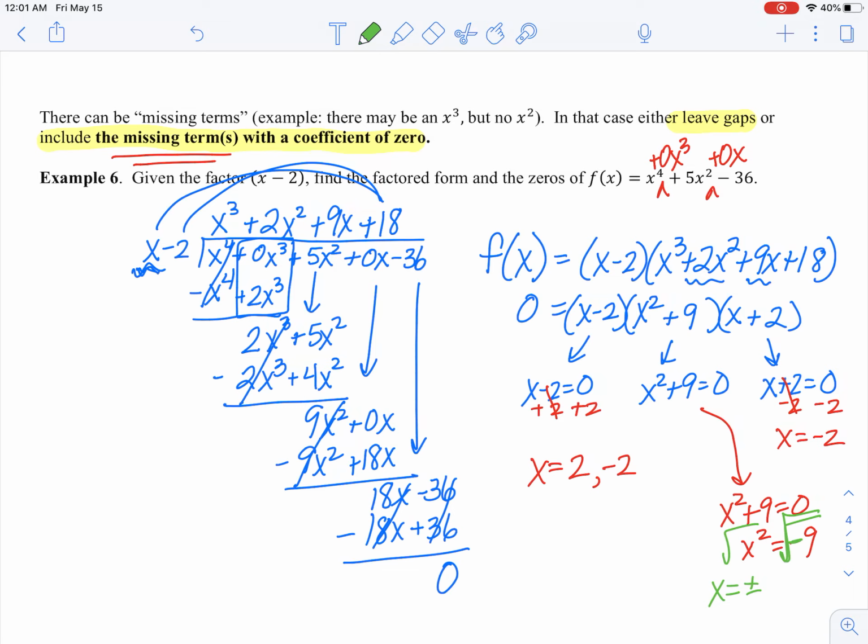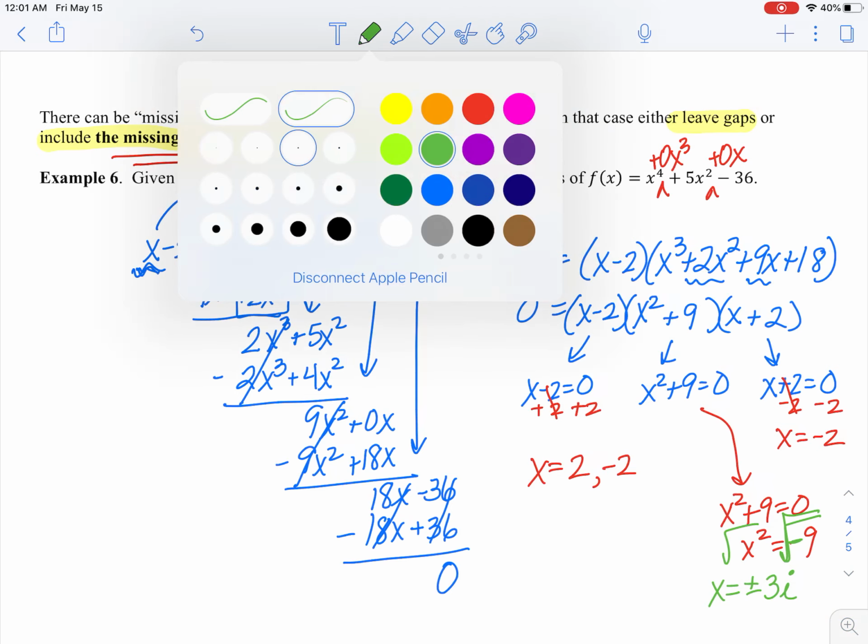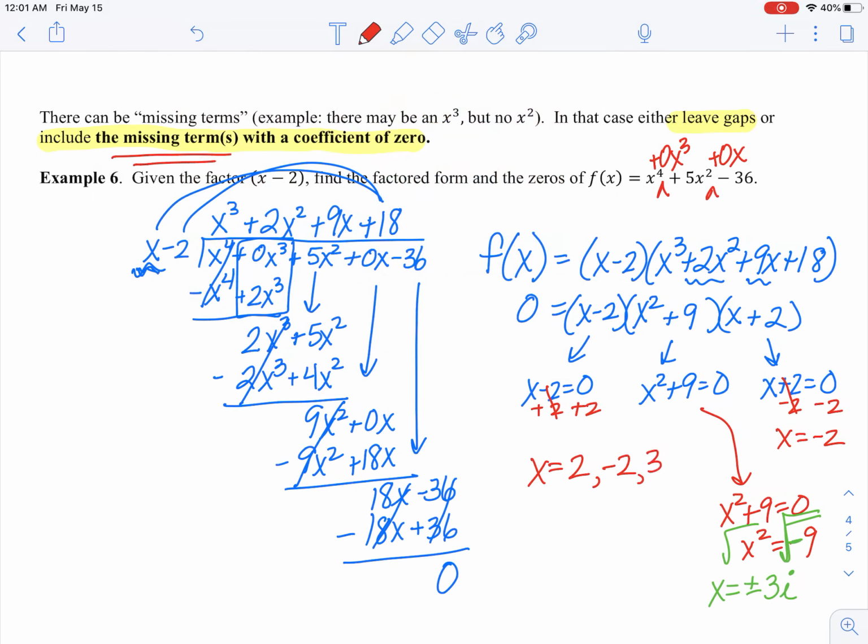That means I have an imaginary number. And the square root of 9 is 3, so it becomes positive and negative 3i. So adding those numbers to our list, we have a positive 3i and a negative 3i, and I have 4 zeros to match my 4th degree polynomial that I was given in the first place.